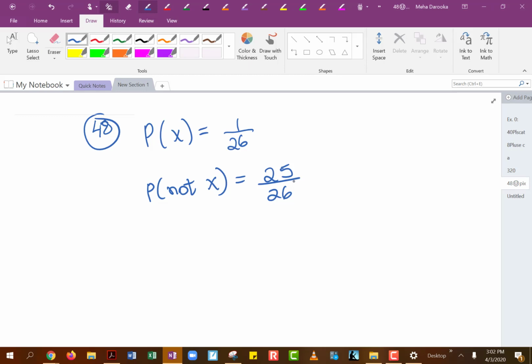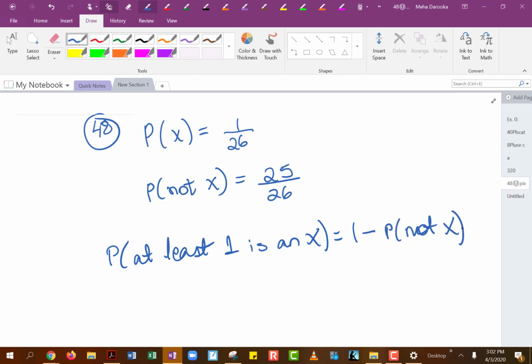Now they are saying we are choosing, and this is at least one of the letters is an X. And since we are choosing 3 letters at random, you're going to end up writing it this way: 1 minus the probability of not being an X, which is 25 out of 26, and you're going to raise this to the 3rd power because of those 3 letters that we are selecting at random.